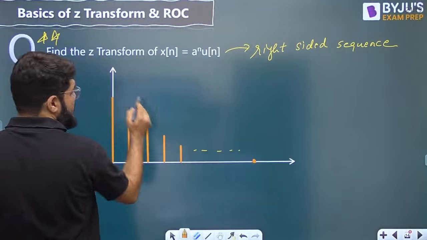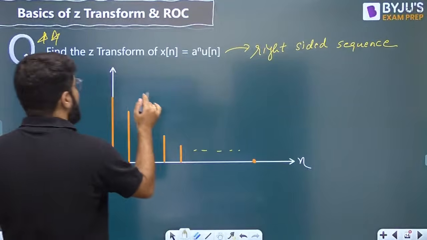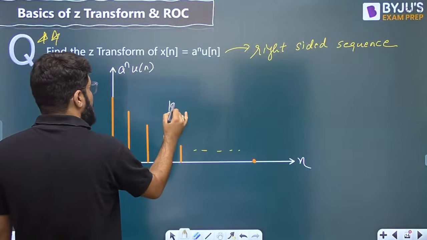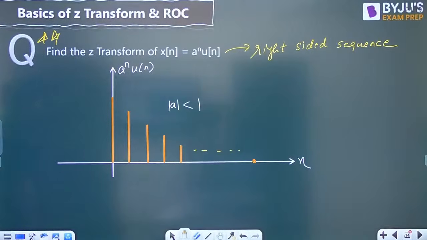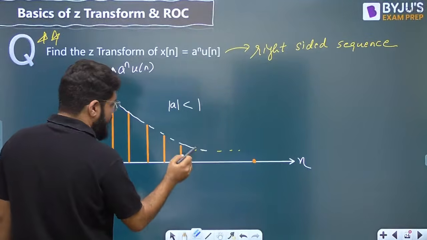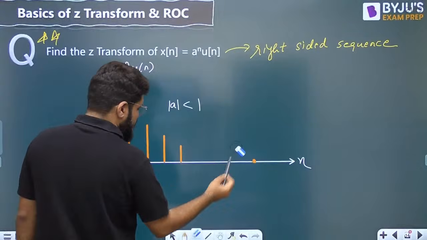So this is the waveform for a power n, the right-sided sequence a power n u[n], where I have taken modulus of a less than 1. It is just like an exponentially decaying waveform.